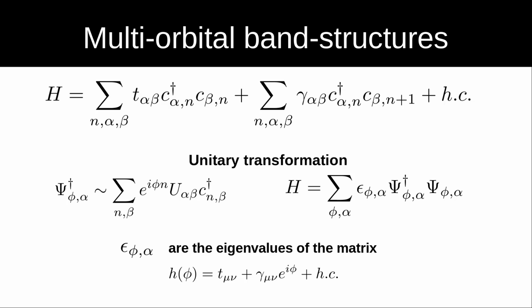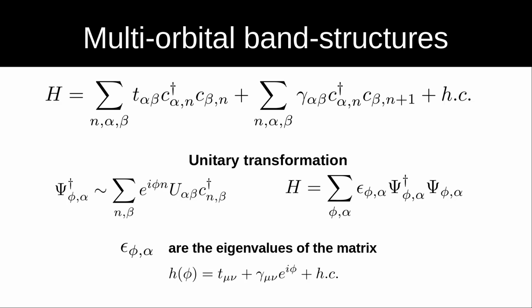So in general, when we apply the symmetry operator to our eigenstates, what may happen is that we not only transform C dagger n alpha to C dagger n plus 1 alpha, but that we also make a rotation in this orbital subindex within the unit cell.